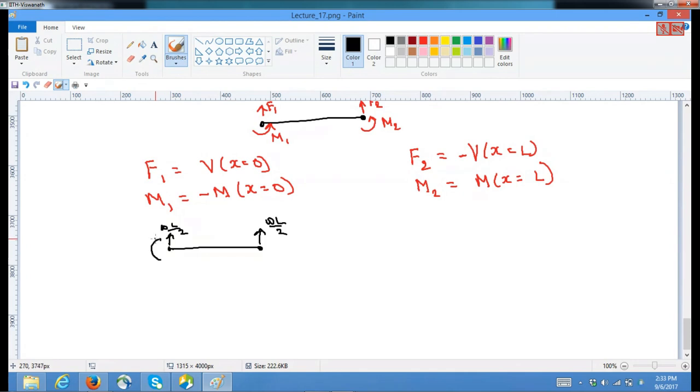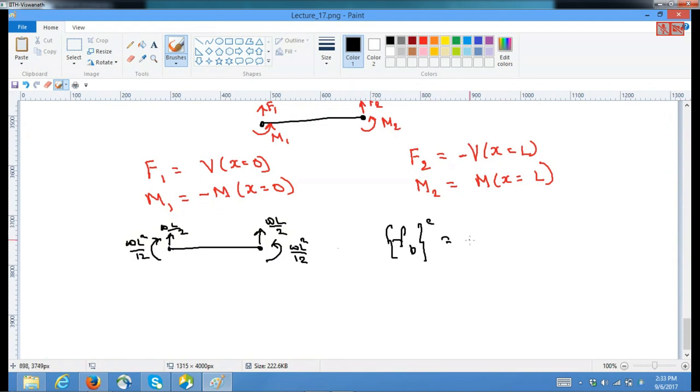So that means I can clearly write my FP, which is the consistent forces. I will come to the reason why it is a consistent force.